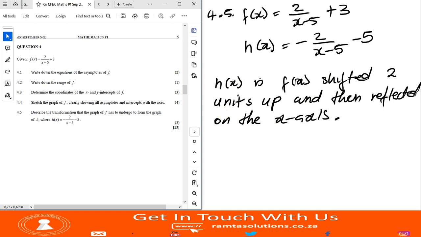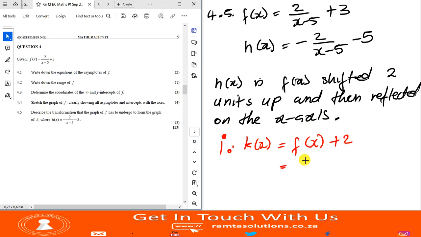Let me show you. Let me use a different color. So I'm going to say step 1. Y is equal to, let me call it k for now. So k of x is basically f of x. Remember, I'm saying shifted 2 units up, so f of x plus 2.